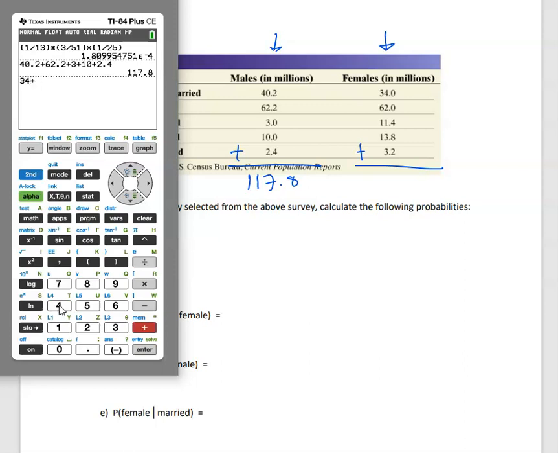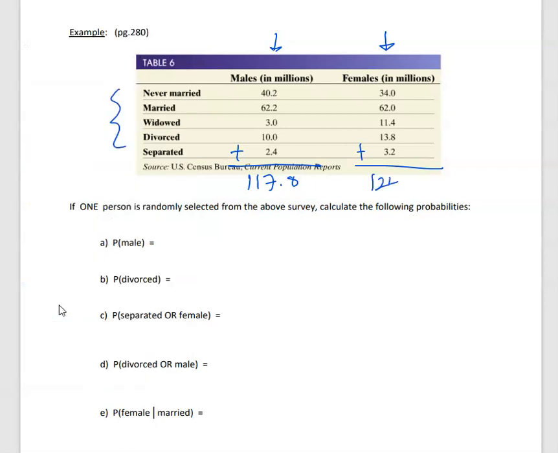I'm counting up how many females are in this census right here: 34, plus 13.8, plus 30.2, 124.4. And then if we wanted some grand total, we can add these together.